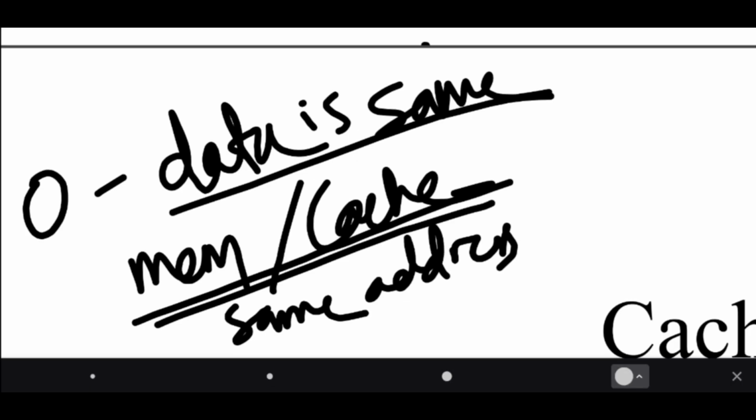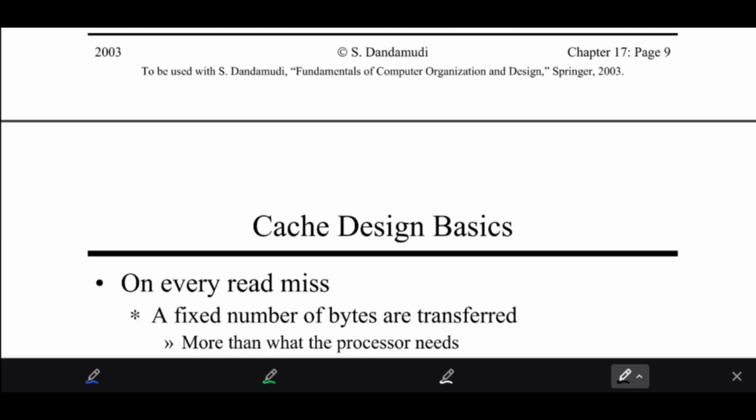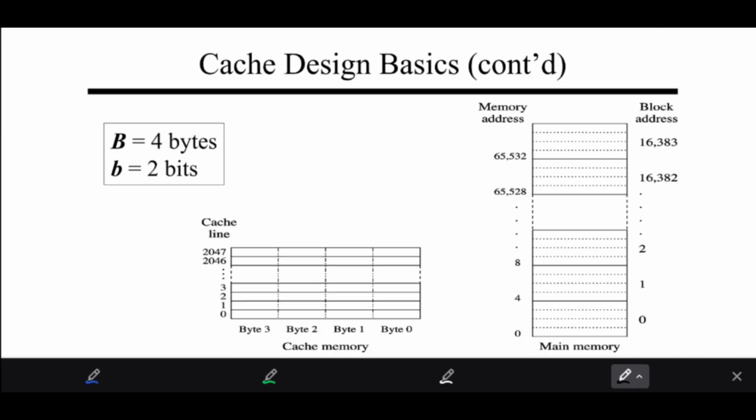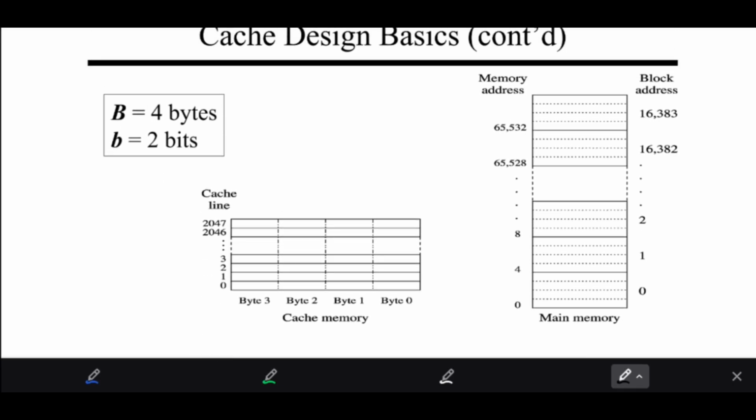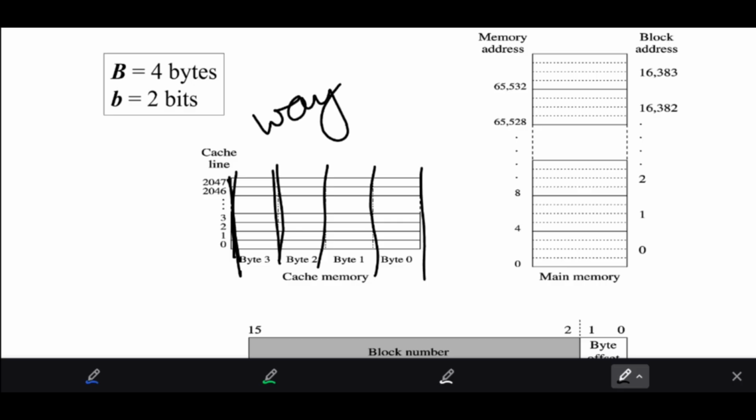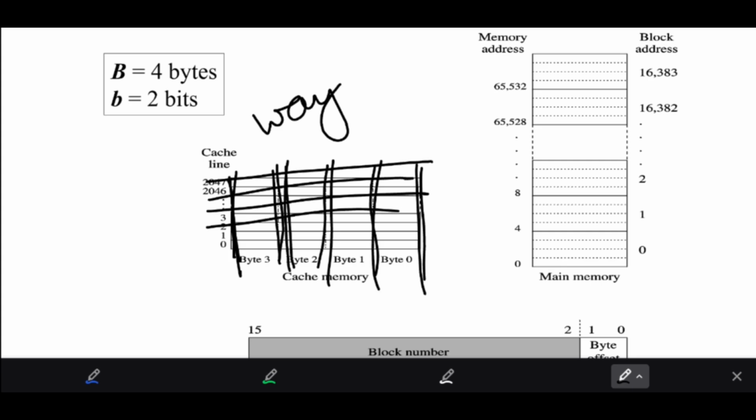These bits are also included in our metadata bits. Then let's move towards our cache mapping. This is the cache memory. These are cache lines, sometimes called ways, and this is the byte inside the line.